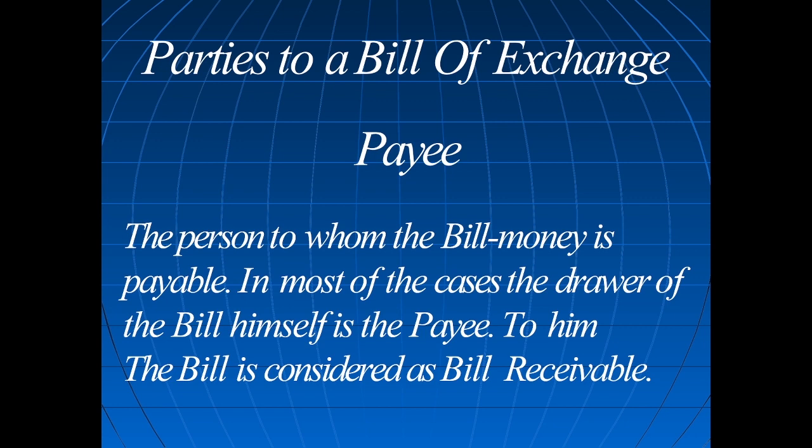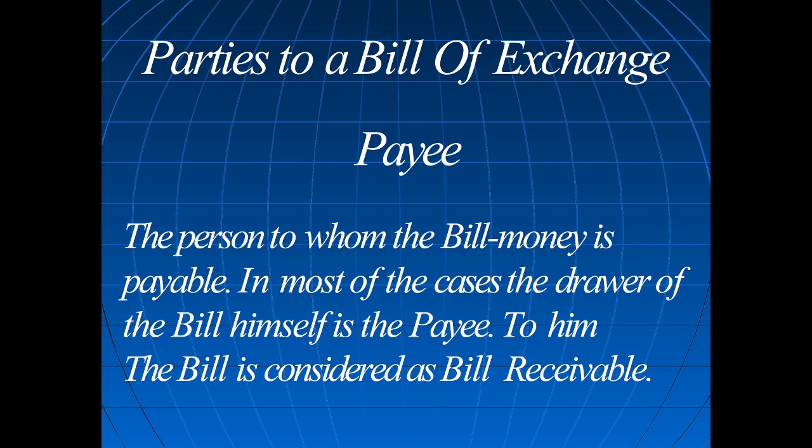Finally, we have to understand that the person who receives the money at the end of the bill term is called the payee. We have to understand three parties. What are they? Drawer, drawee, payee.